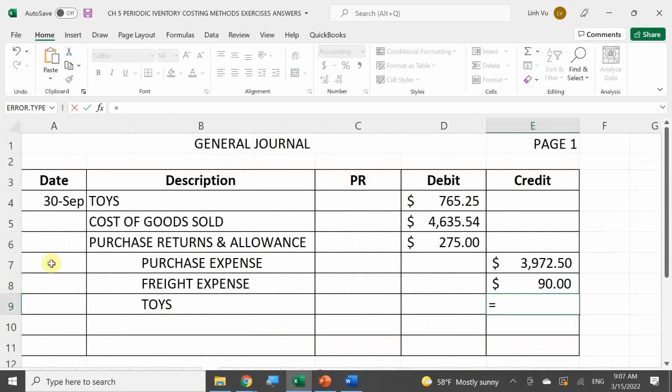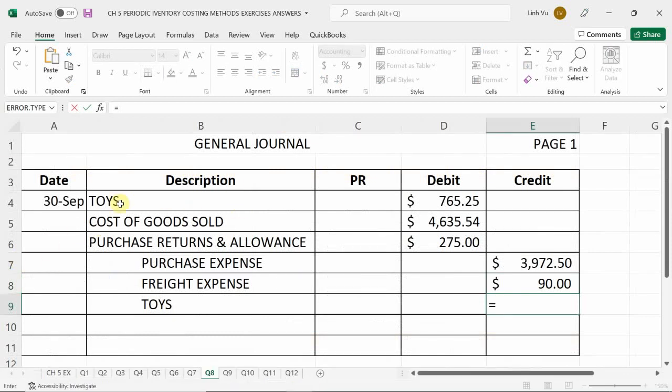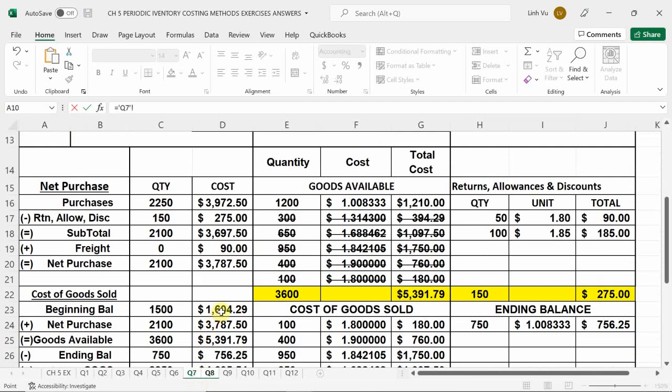And last but not least, what was my total beginning inventory? The 1,500 value. How much was my total cost there?